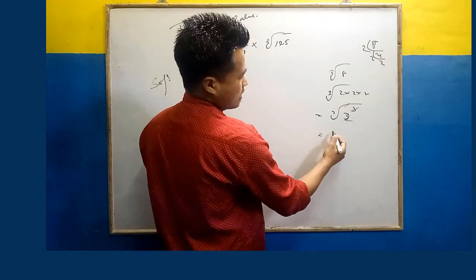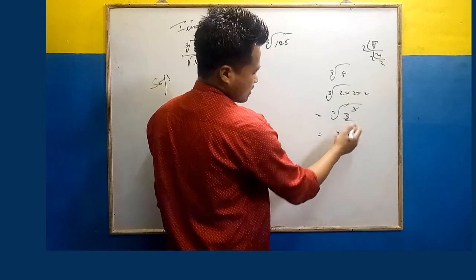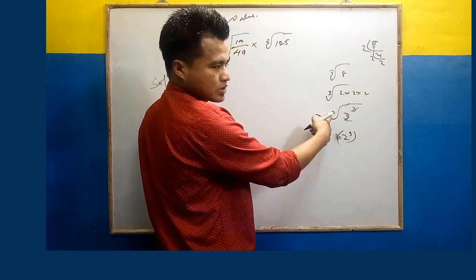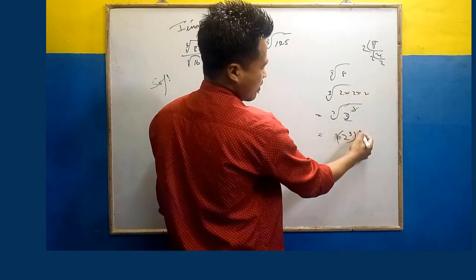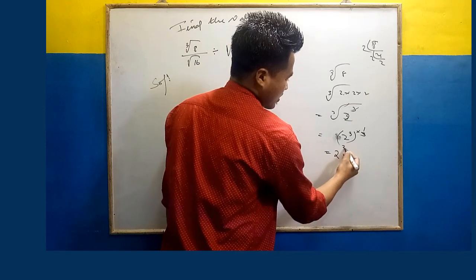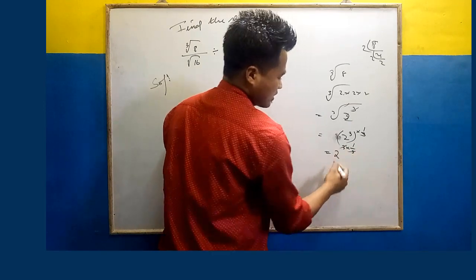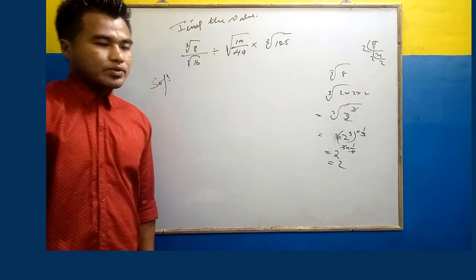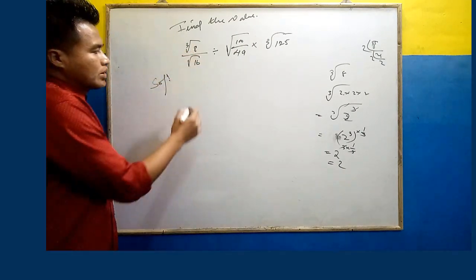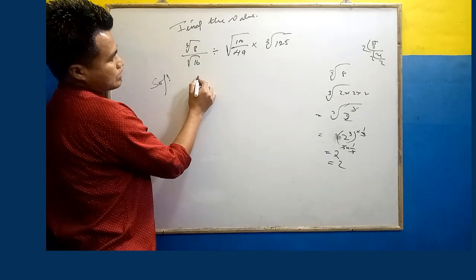So if you don't understand, I'll do like this. 2 to the power 3. If you write this one in power form, it will be 1 by 3, right? So open the bracket, 2 to the power 3 into 1 by 3. This and this will get cancelled. It is 2. So we get like that.